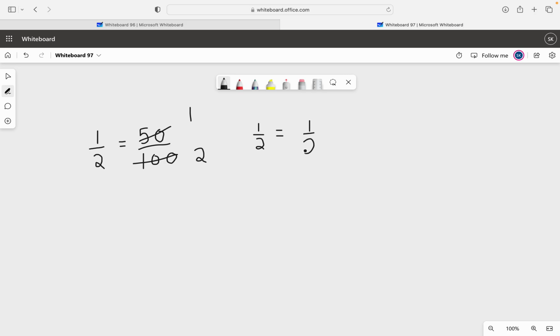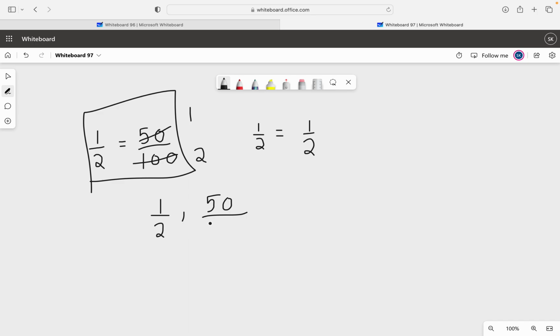This just says 1 by 2 and 50 by 100 are equivalent fractions. What we are doing is simplifying the bigger fraction so that we get to see whether it is equivalent to the smaller fraction.